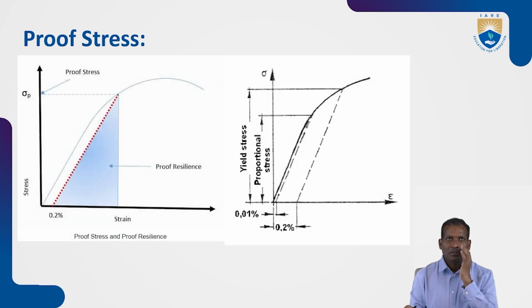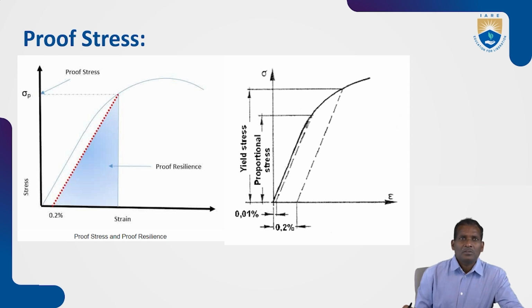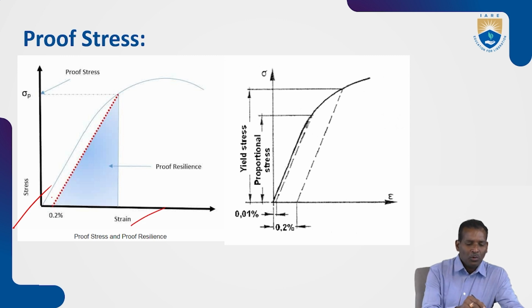See, this shows the proof stress diagram, the proof stress and proof resilience. So here, see the stress versus strain diagram, and up to this point, 0 to A is the elastic limit and proportional limit.